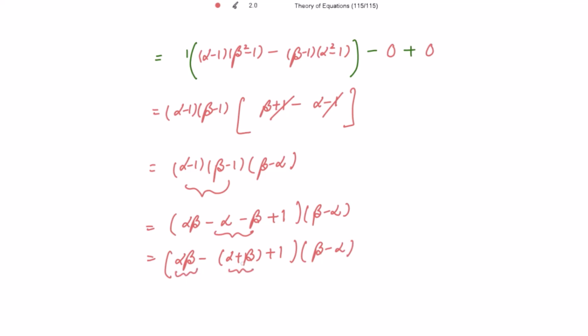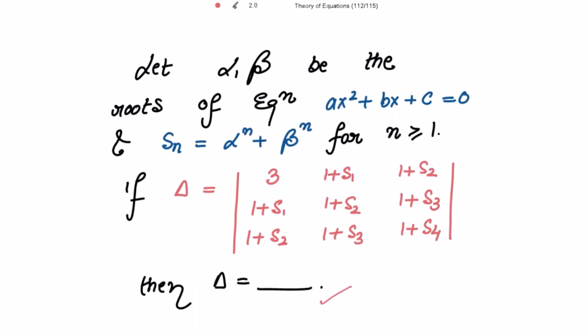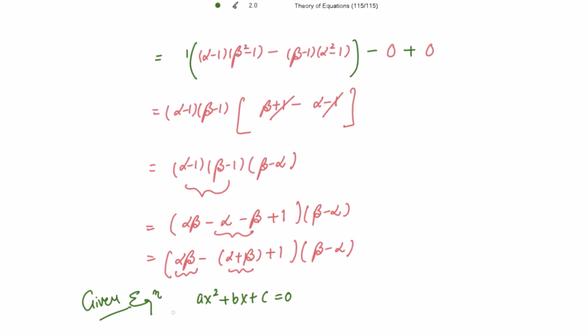So that I can put the values of the sum of the roots and the product of the roots over here. What is the sum of the roots? The given equation is ax squared plus bx plus c equal to 0, for which alpha and beta are the roots. So this is your given equation. What is the sum of the roots? Negative b over a. And the product of the roots is c over a. So let's put these values over here.